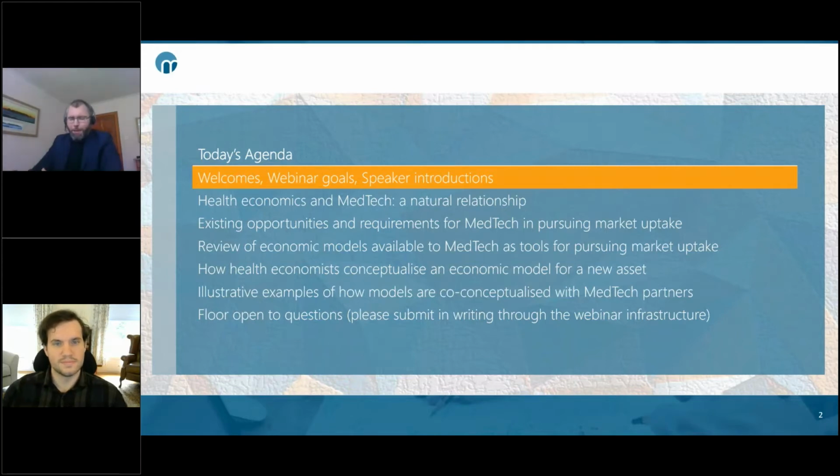And to that end, Nick and I sit within a team within MTech Access of 8 health economists, a strong team of 8, which has a broad range of technical and strategic experience. We regularly combine with our experienced and rather large market access team within MTech Access to ensure that we have that holistic innovation to launch coverage of what therapies and devices are going to require in that pursuit of reimbursement and procurement.